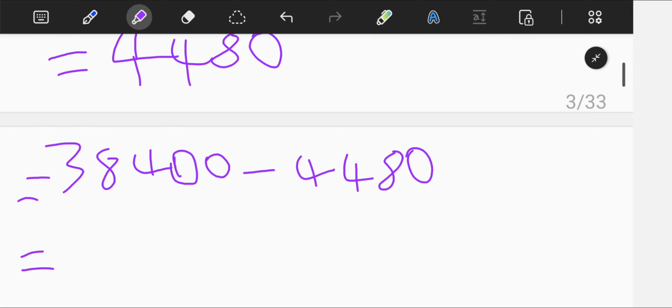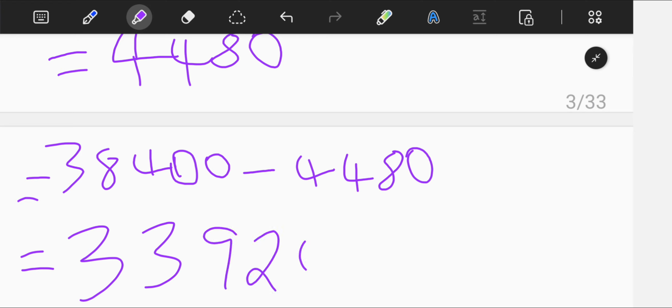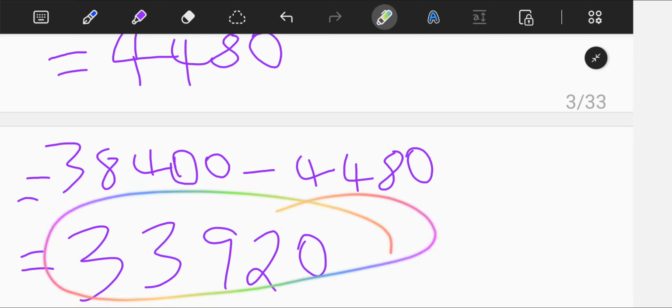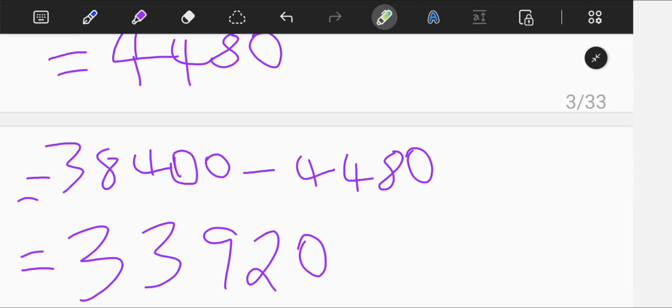Now we get the carrying value at the date that it was sold, 38,400 minus 4,480. The carrying value was 33,920. This was the carrying value of this asset the day it was sold.